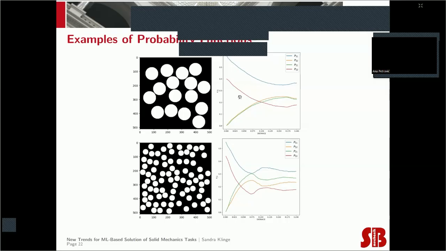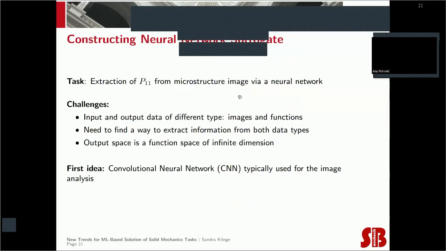And this is a challenge for the numerical determination of these functions. Another challenge is that we have to connect two types of data. We have to analyze the image and provide the function as a result, so we suggested several different neural network types.